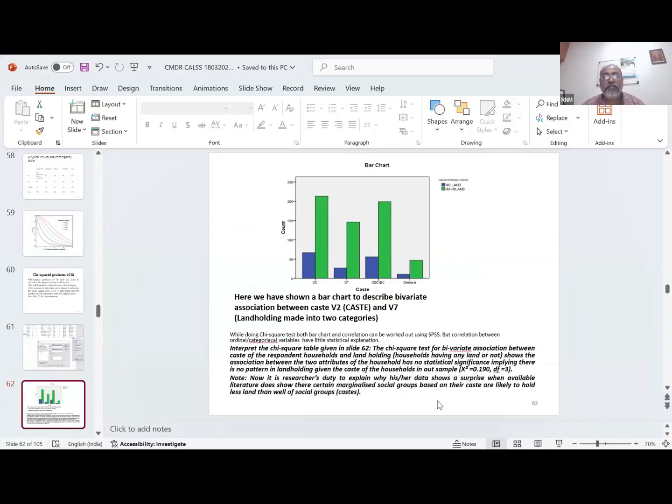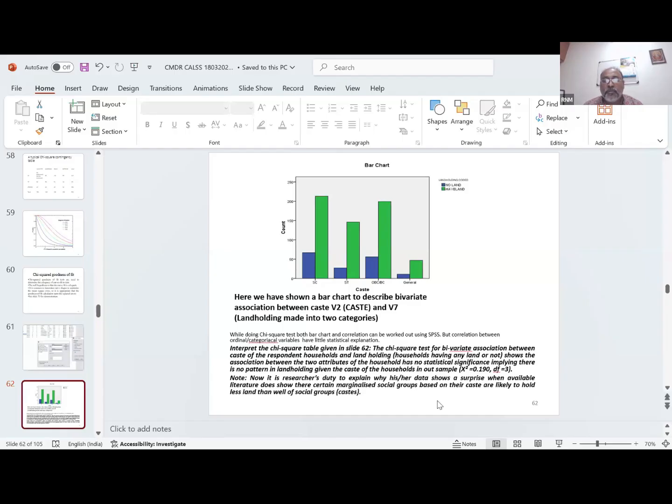Now, if you use the data given to you in that analysis, you will also have a bar chart. In that bar chart, I have not taken the percentages but actual numbers. You can use the percentage also. What it is showing is something we do not expect: the scheduled caste category has higher land ownership than the general and OBC categories. It is from true data.